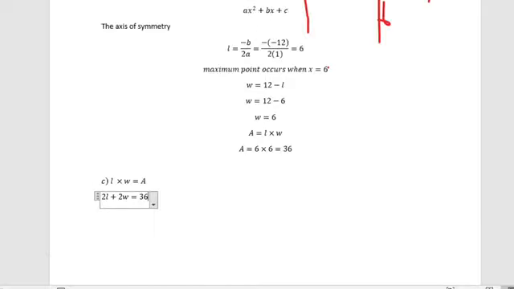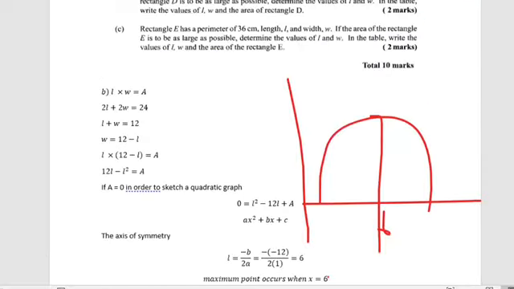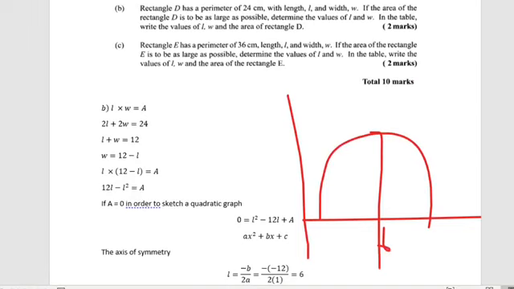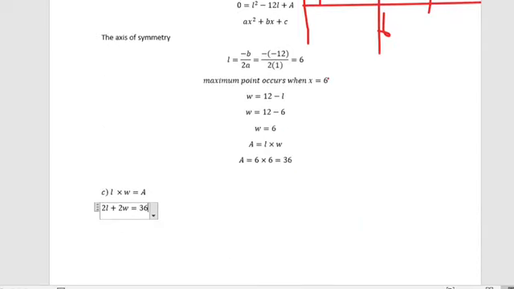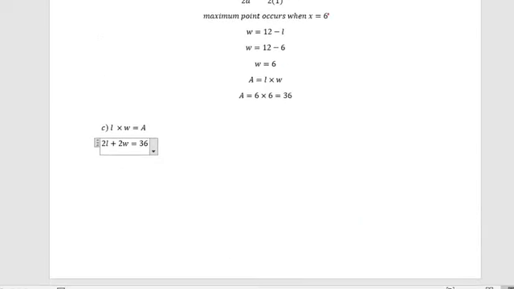So let us see if I'm correct. They gave us a perimeter of 36 and they want us to find the length and the width. And again, they're saying the rectangle is to have the area as large as possible. So it will be a similar procedure.